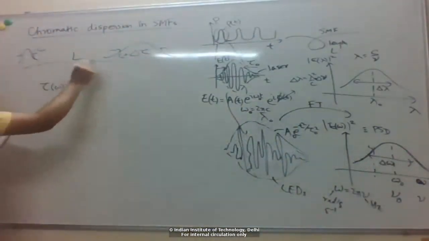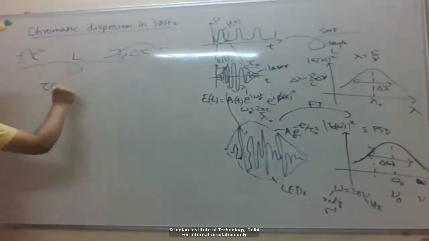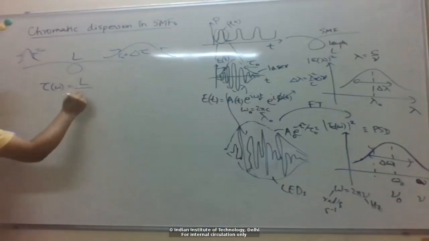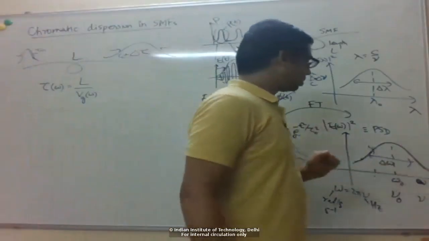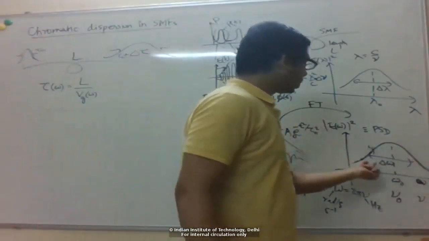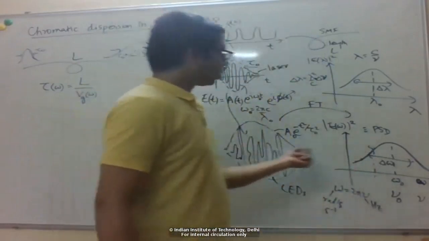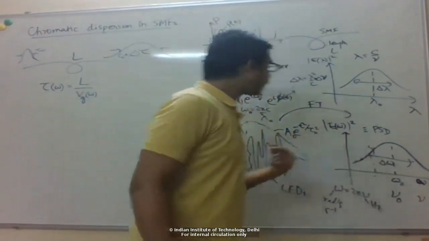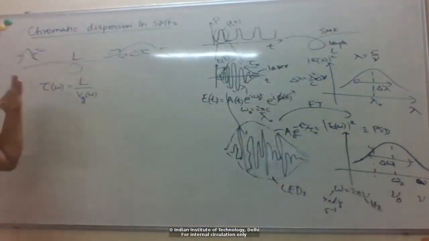So the time taken for that frequency component to traverse the length of the fiber is length divided by group velocity at that frequency. Right? So you can think of the power being distributed across these frequencies, so you have photons at different frequencies. So the time that a photon at frequency omega takes to go across the fiber is the length divided by the group velocity at that frequency.